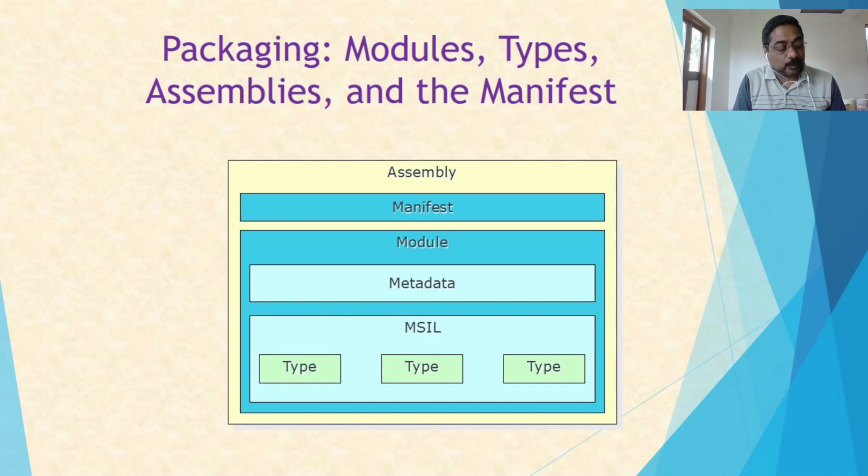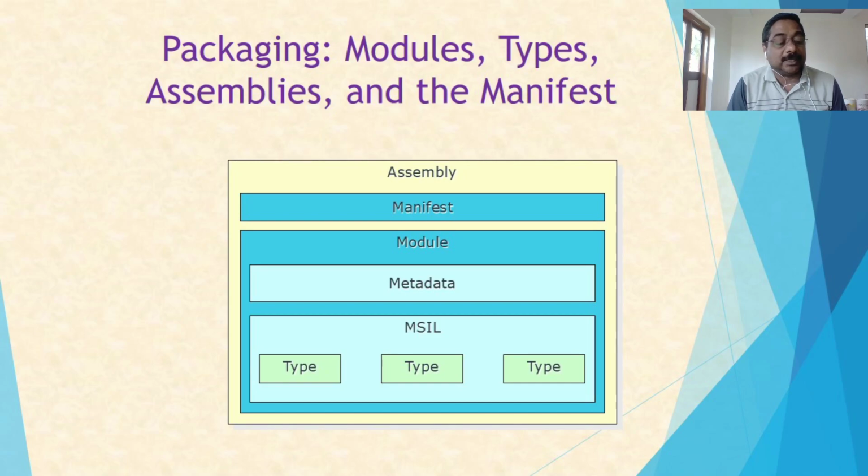There are two types of program files, that is process assemblies and library assemblies. Each assembly can have only one entry point. We can create two types of assemblies, that is private assembly and shared assembly. A private assembly is used only by a single application and it is usually stored in that application's install directory.